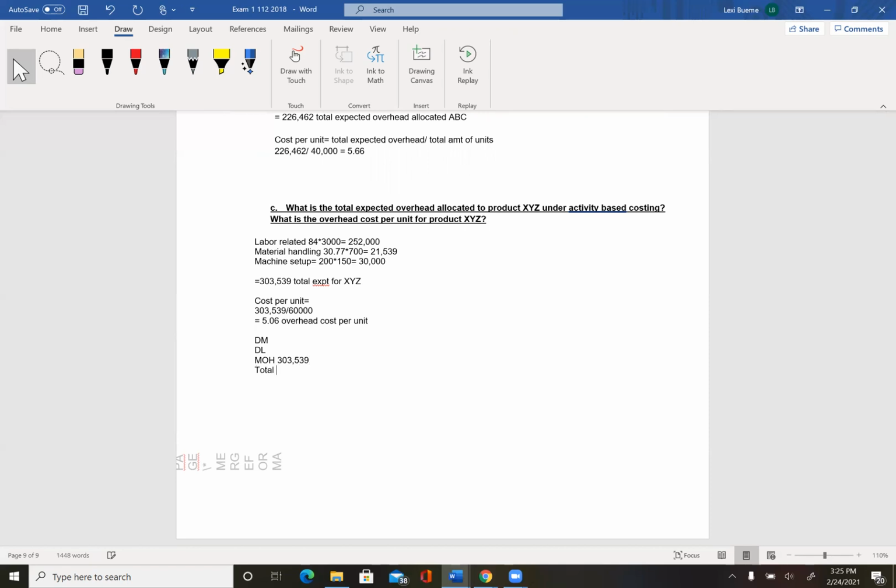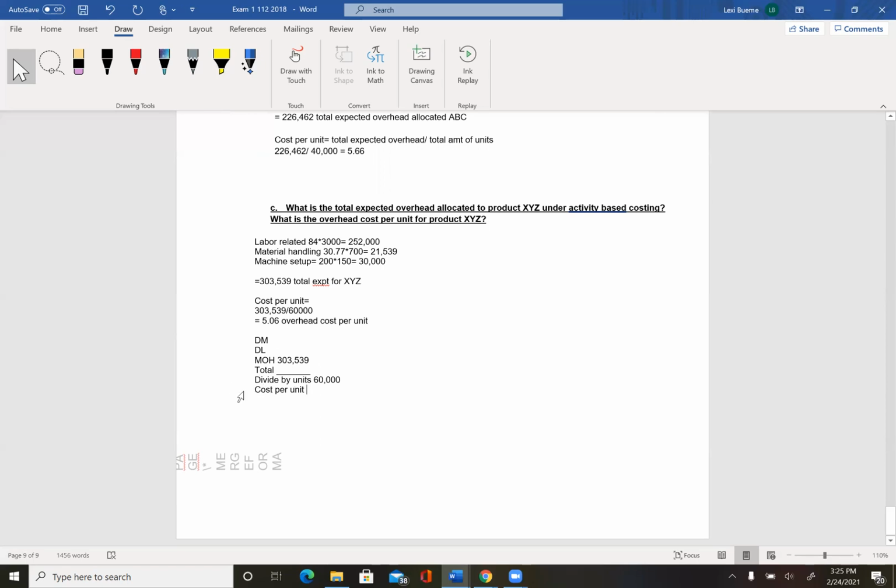Then you would find the total of these three and then divide it by the units. So that would be like 60,000 to get your cost per unit. That's just something to note. But since it said overhead cost, that's why you just took the overhead cost divided by the units.